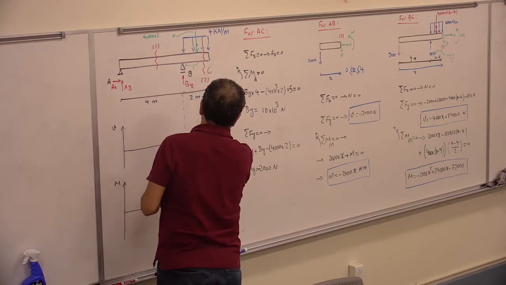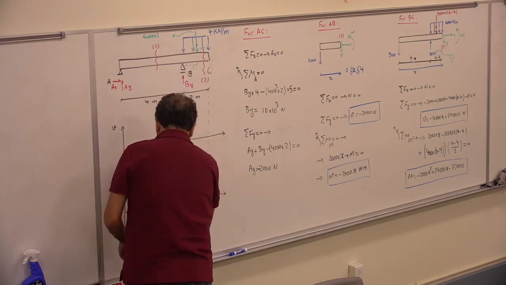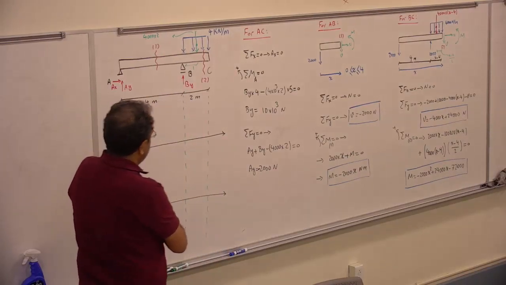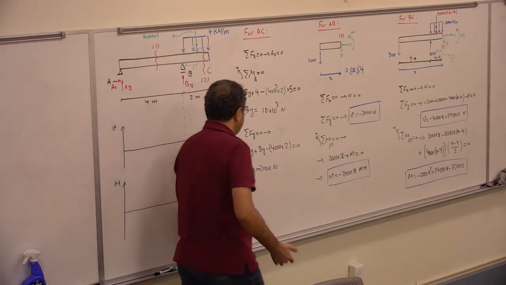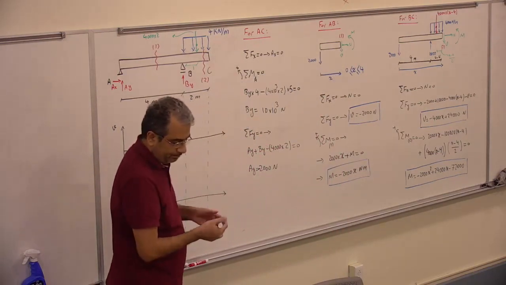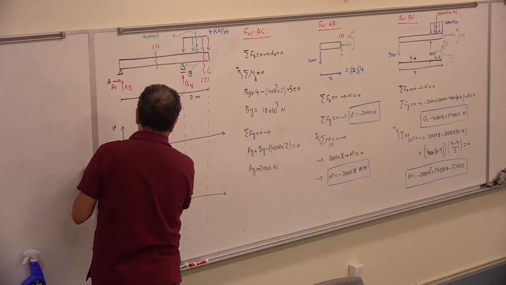Down this one. And then I can go ahead and start drawing them. So for the V, it's simpler. It's negative 2,000. I'll do it here.